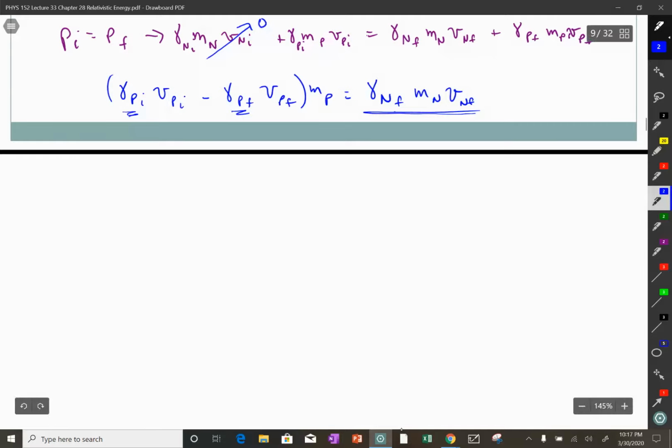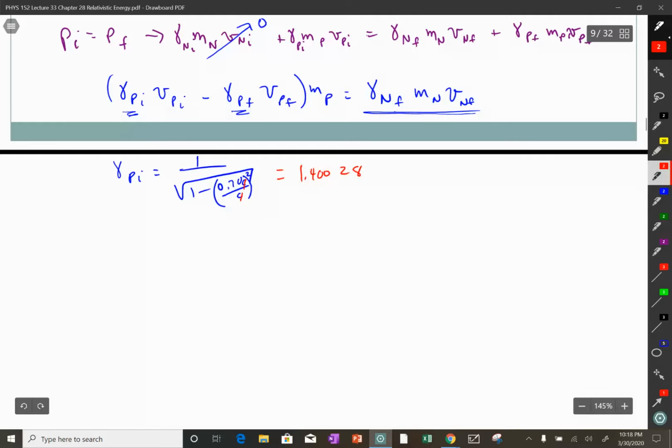So gamma for the proton initial is equal to 1 over the square root of 1 minus 0.70 C over C, squared. Notice the C's are going to cancel here. And so it turns out that is just going to be 1.40028.